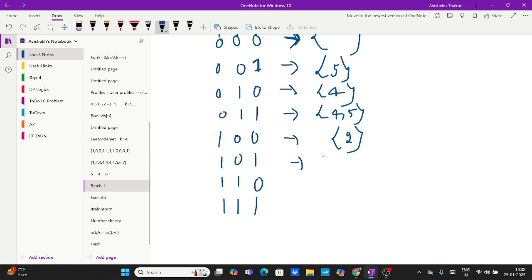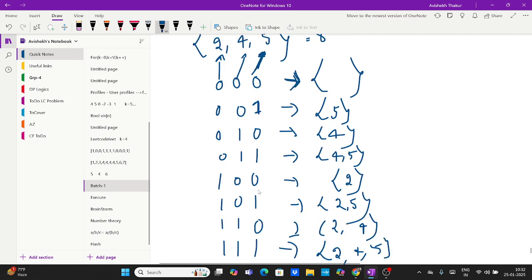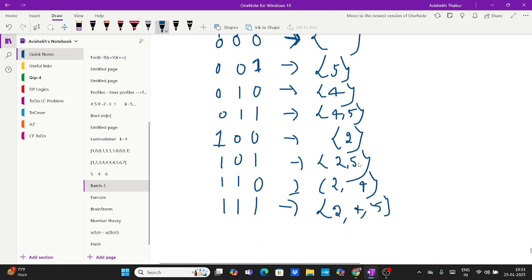Are you guys understanding what I'm writing? 2, 4, 5. Others? Yes. So what I did is, wherever a bit is set, I just took that number. And wherever it is not set, I'm not taking that number.